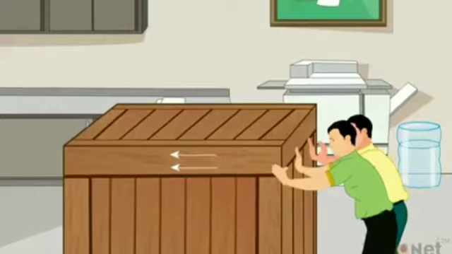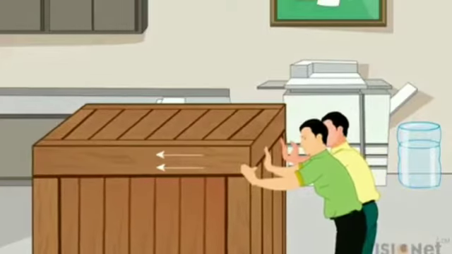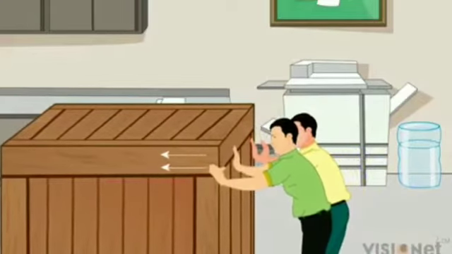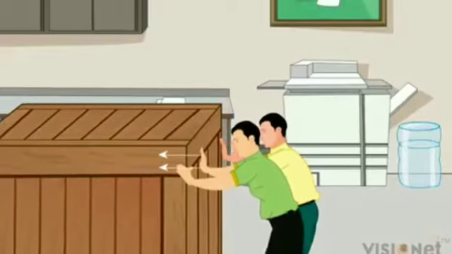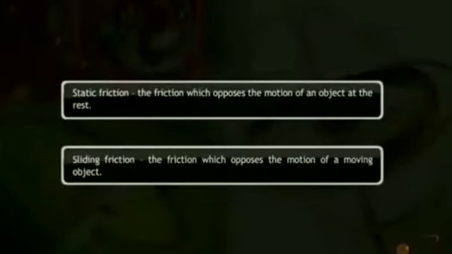Why is it so? This is because of friction. Static friction is the friction which opposes the motion of an object at rest. Sliding friction is the friction which opposes the motion of a moving object.